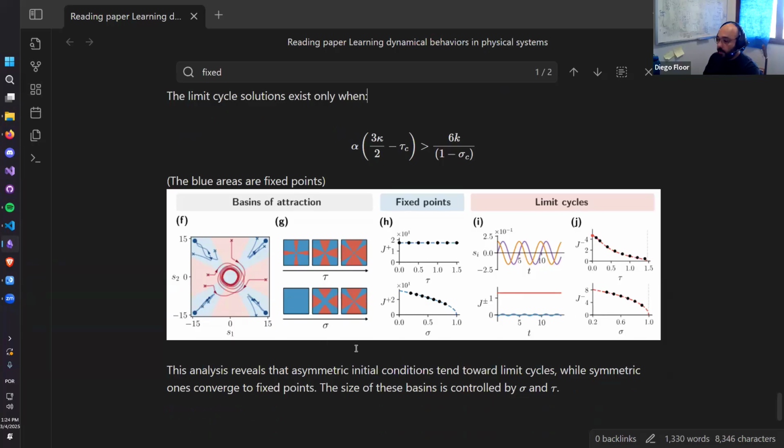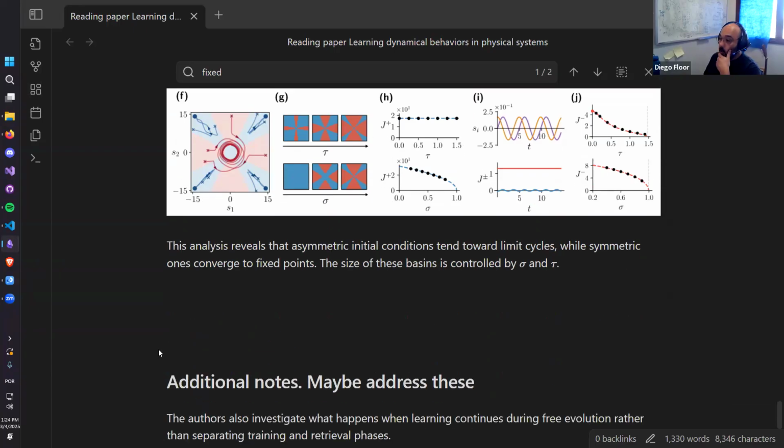They show that these regions change as we change the time delay, which we saw before as being important, and also the symmetry, which was not initially obvious, but the asymmetry of the system is also important. So yeah, that's the whole paper.